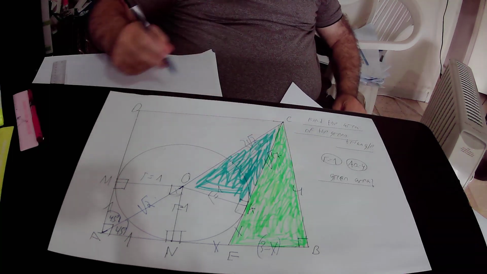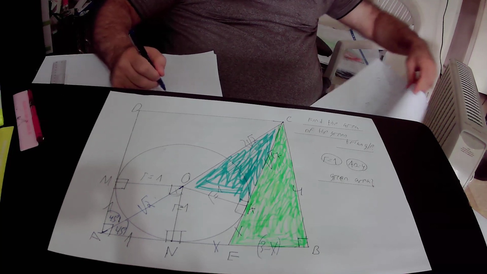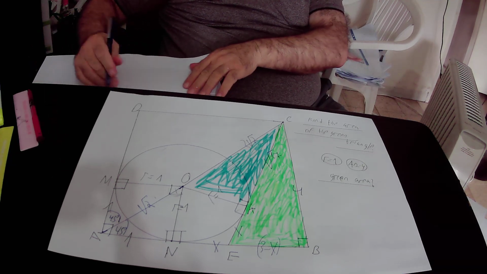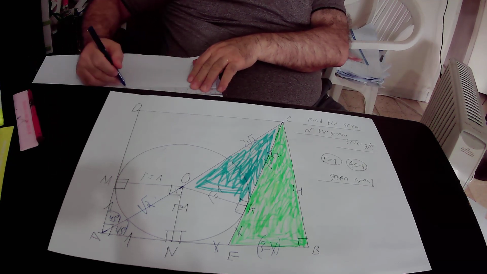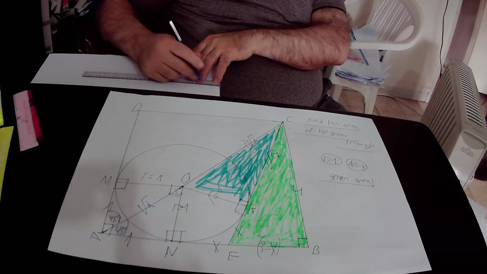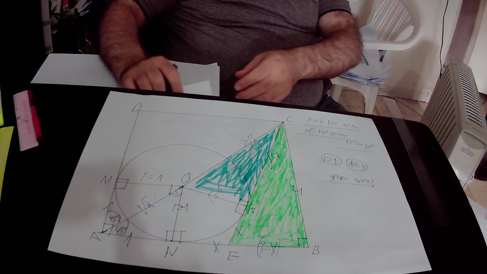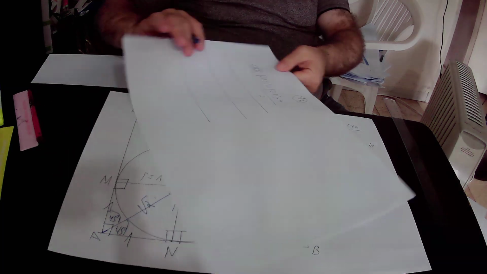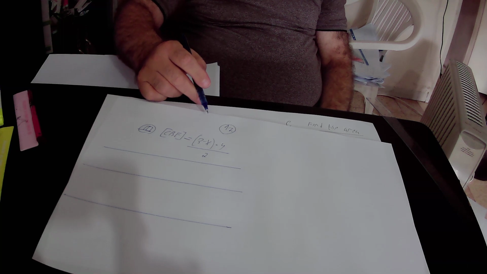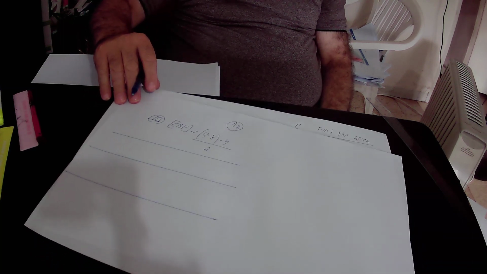BC equals 4 units, over 2. So we found out that the area of the green right triangle CBE equals 3 minus x times 4 over 2. 4 over 2 is 2, so I will write it down.